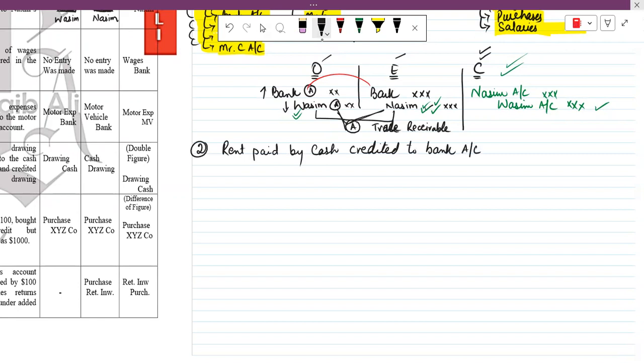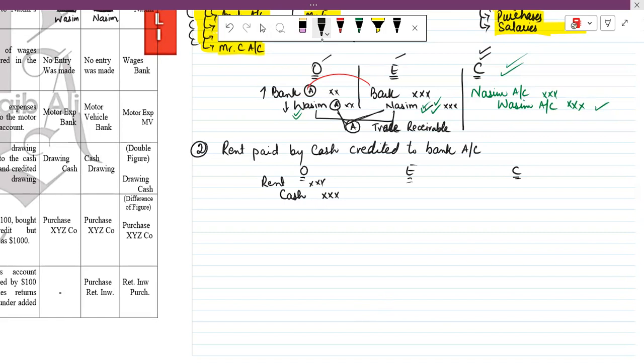Now again, what was supposed to be the original entry, by error, and corrected entry. So when you pay rent by cash, rent is an expense, it is debited, and cash is an asset which is decreased, so it is going to be credited. So rent should have been debited originally and cash should have been credited.